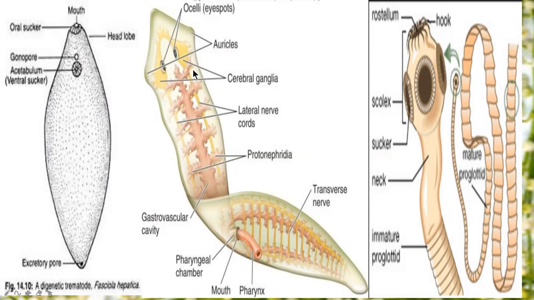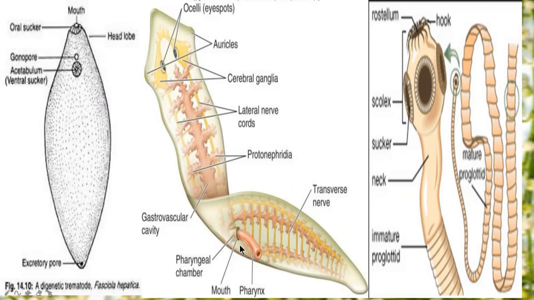The cerebral ganglia work like the brain. It has a nerve cord, this is the lateral nerve cord, and the protonephridia. Some are transverse nerves. This is the mouth.